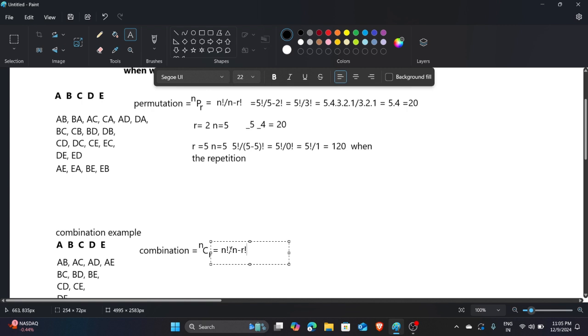One more thing is added for better understanding: we divide by r factorial. Dividing by r factorial is nothing but removing the repetitions, because these arrangements are repetitions.